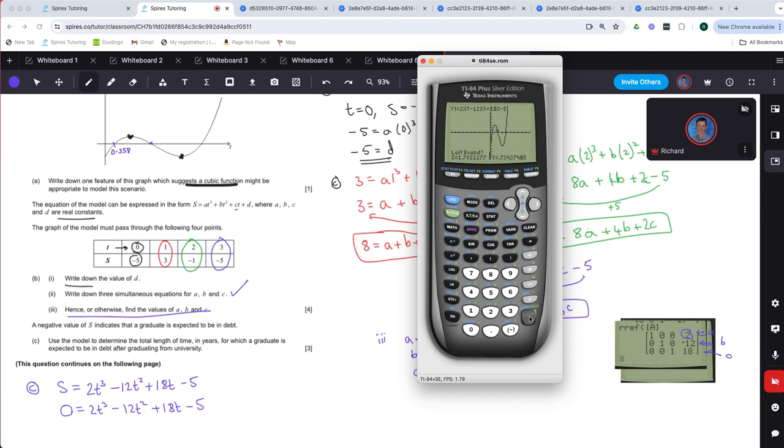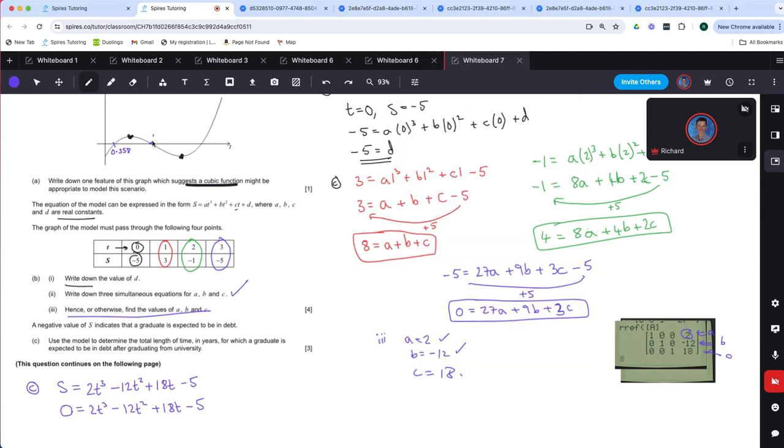I'm going to go over to this point, hit enter, move it slightly to the right, hit enter again, you get 1.83. Then you do the same thing again for this point, and you get 3.81.